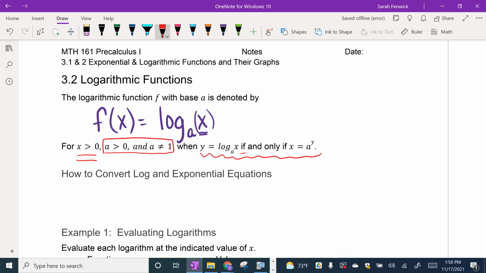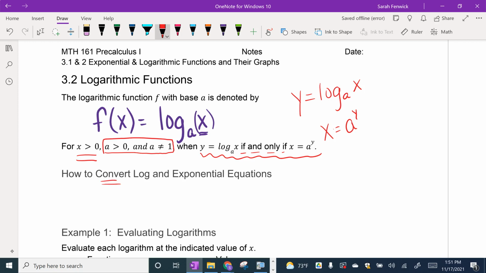It's a biconditional statement, if and only if, which means the first piece is only true if the second piece is true, and the second piece is only true if the first piece is true. So it says y equals log base a of x if and only if x equals a to the y power.